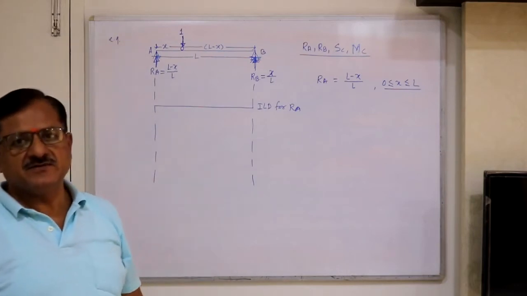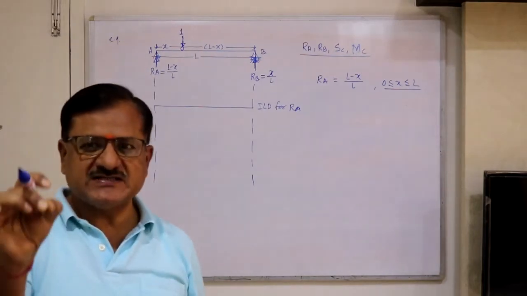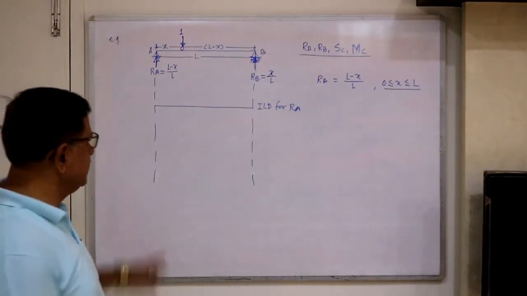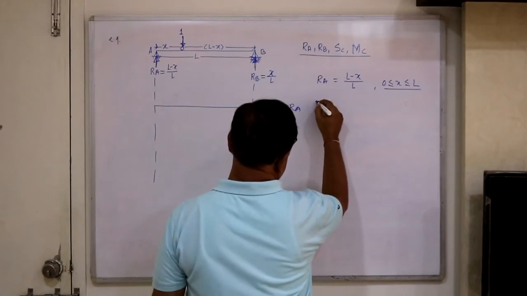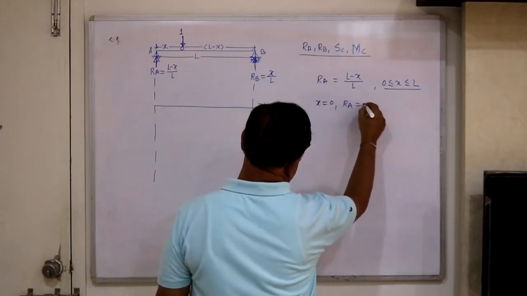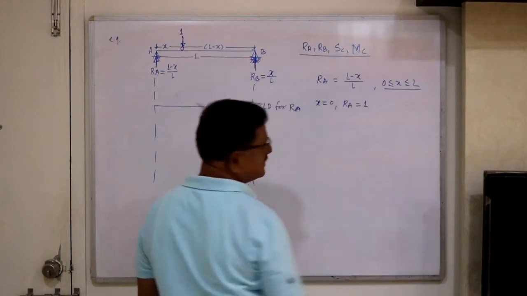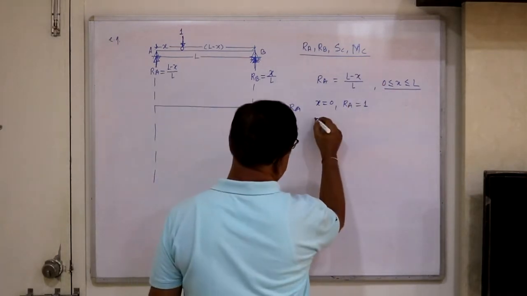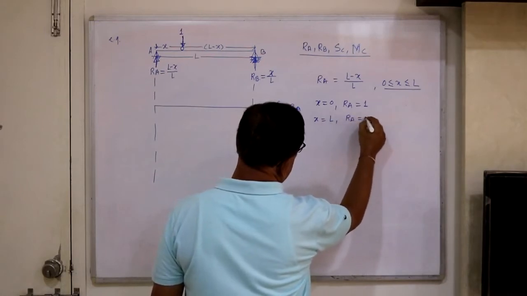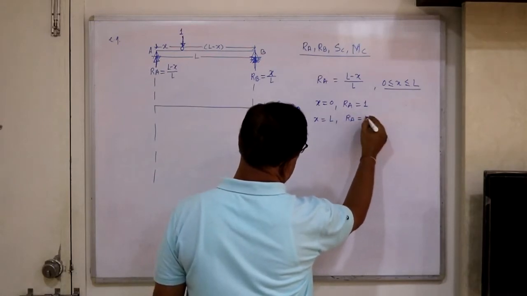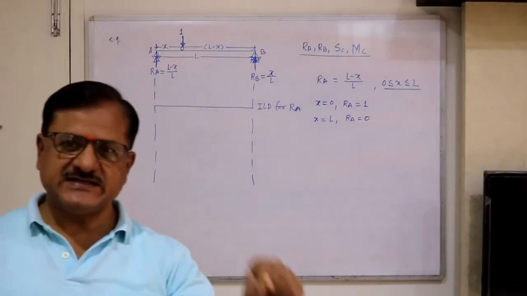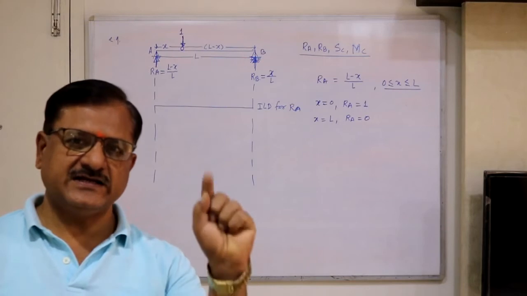Again, what is the ordinate at A? When the unit load is placed at point A, that means at X equal to 0, what is RA? RA equal to 1. And when X equal to L, RA is 0. That means when the unit load is at A, reaction RA is 1.